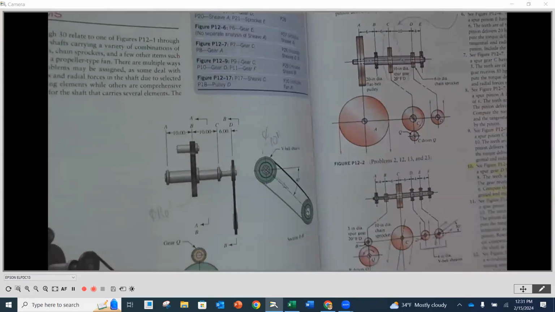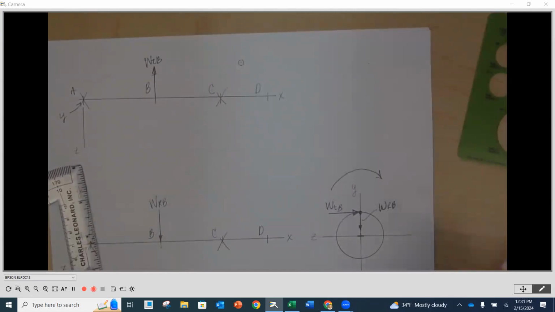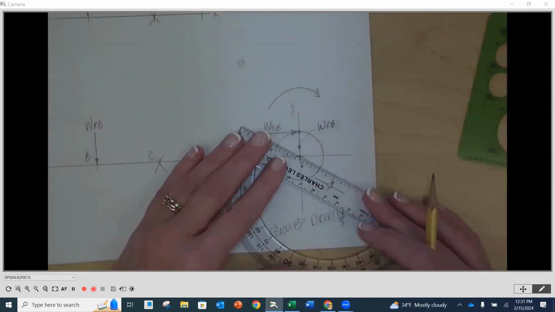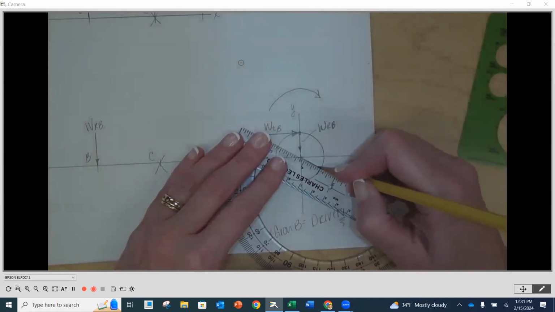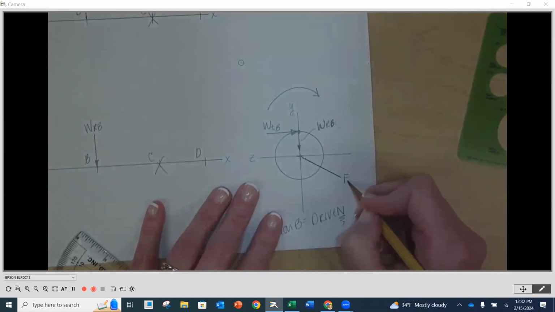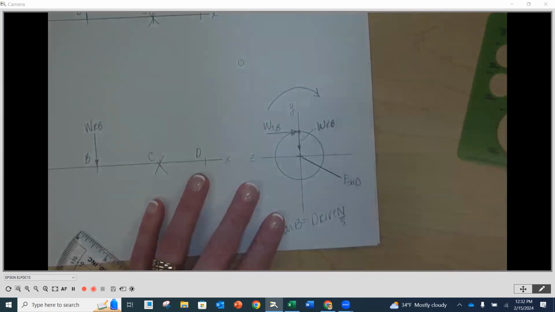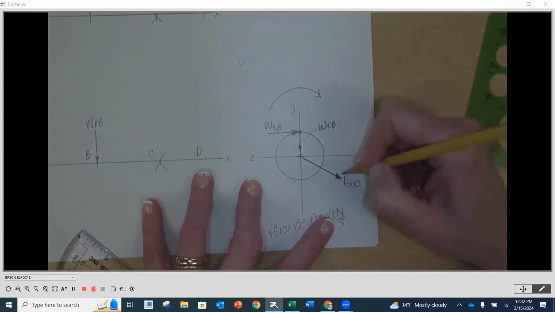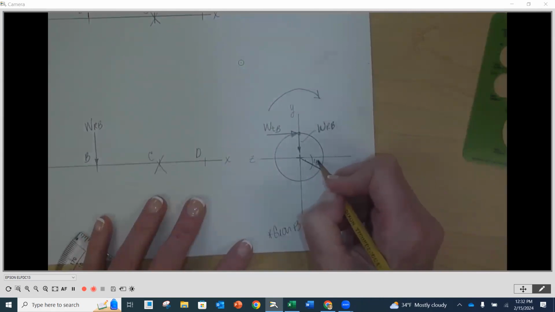So as we look at this, we're going to draw it like this. I'm going to call this force SH for the sheave, and the sheave is at D. And it's going to go down and to the left, at a 40-degree angle.